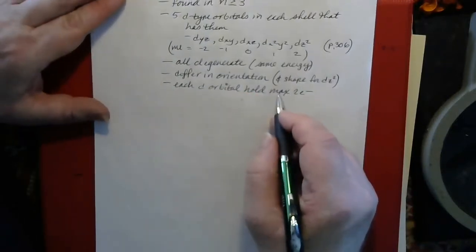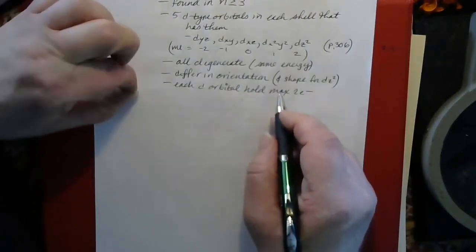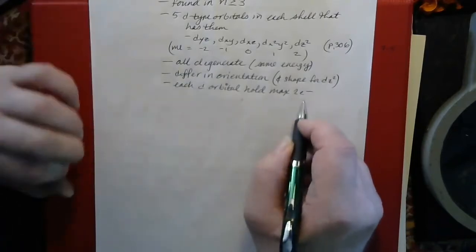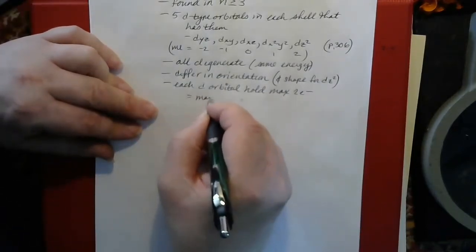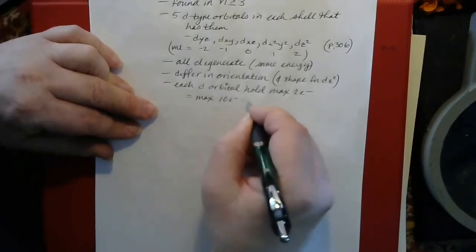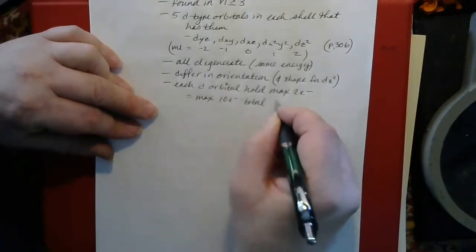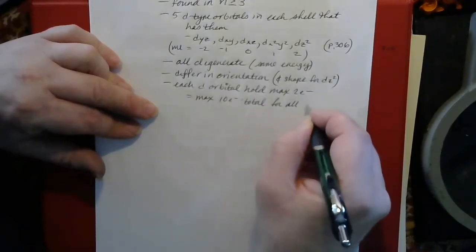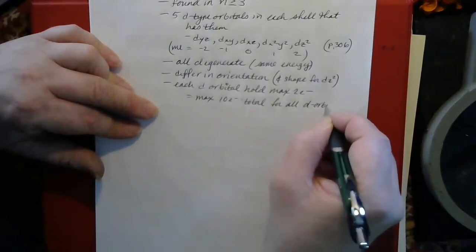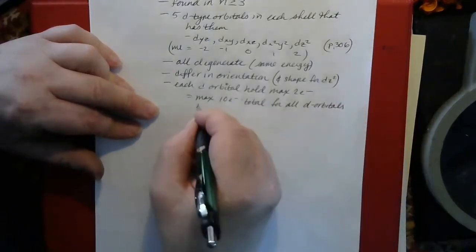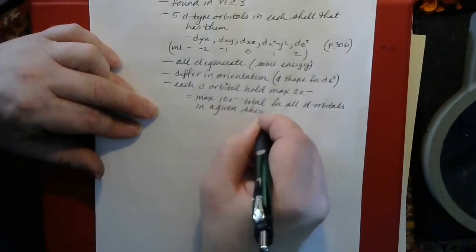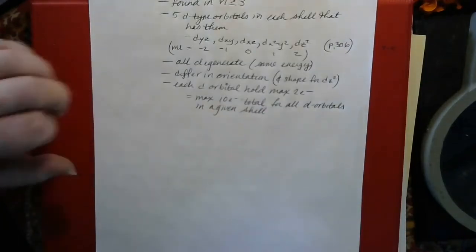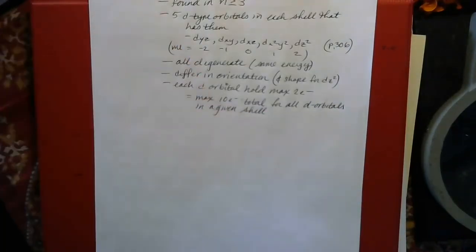No matter what type of orbital it is, any individual orbital can only hold 2 electrons. And that means that the d orbitals in a given shell can hold a maximum of 10 electrons.